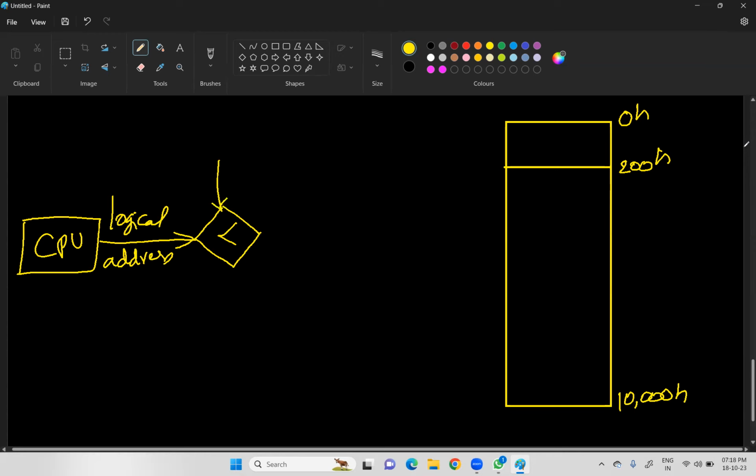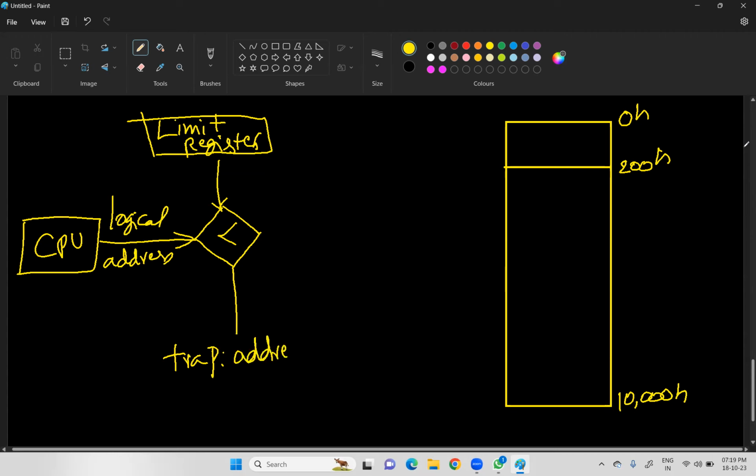The limit register holds the size of the particular process. If it is not less than the limit register value, then obviously it will be considered a trap, an addressing error.